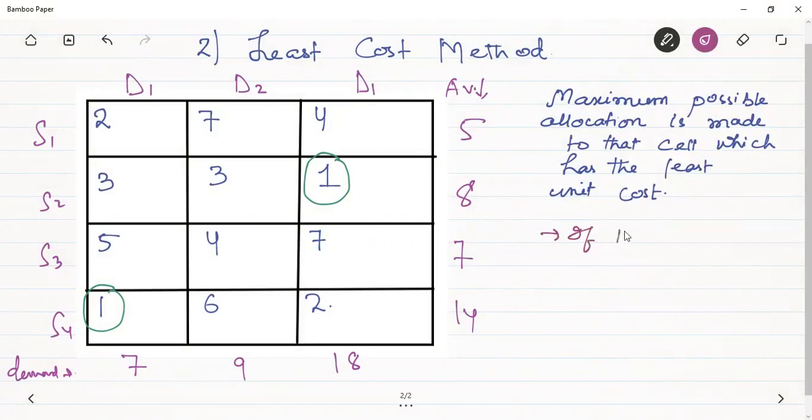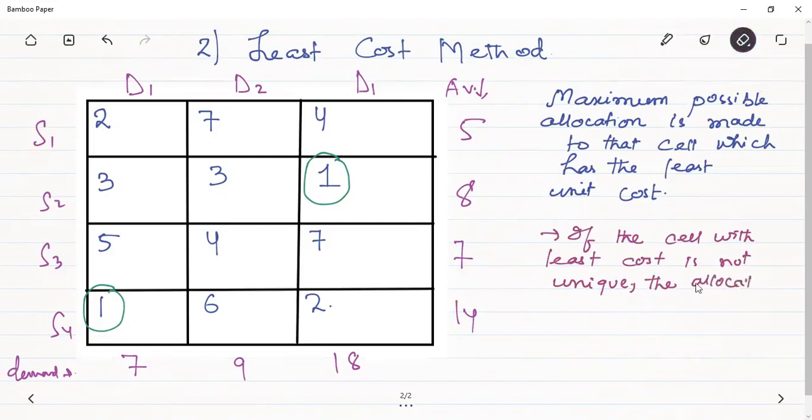If the cell with least cost is not unique, the cell where maximum allocations can be made is preferred.